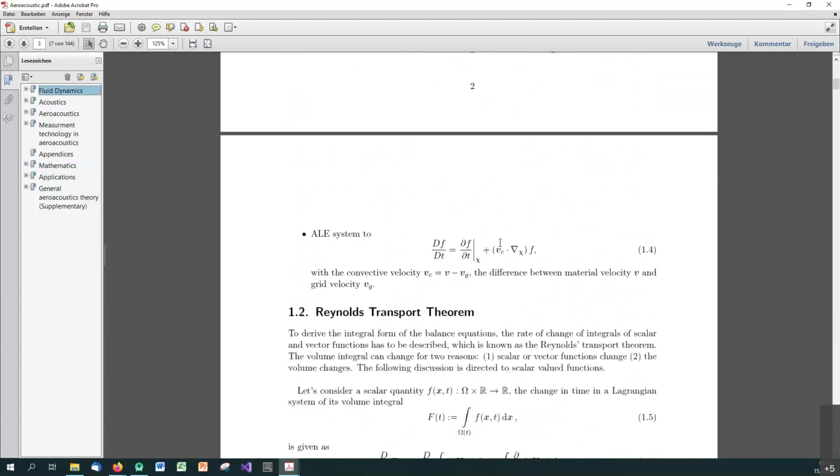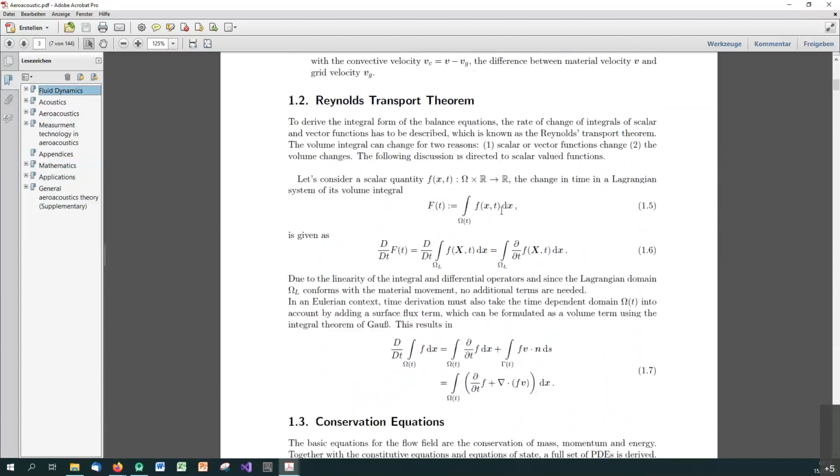The Reynolds transport theorem is given here in the lecture notes, and it states that the total change of an integral quantity is the sum of a temporal change and some divergence part. That's the Reynolds transport theorem.